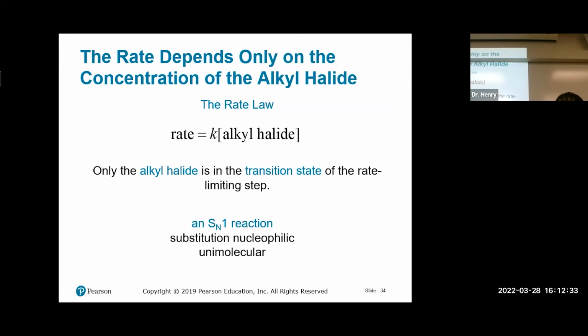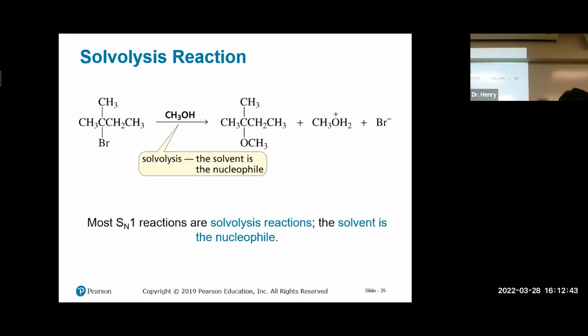It's only going to be dependent on one molecule. Okay. So this is going to be an SN1 reaction. So in this case, the solvent is also going to be acting as our nucleophile.